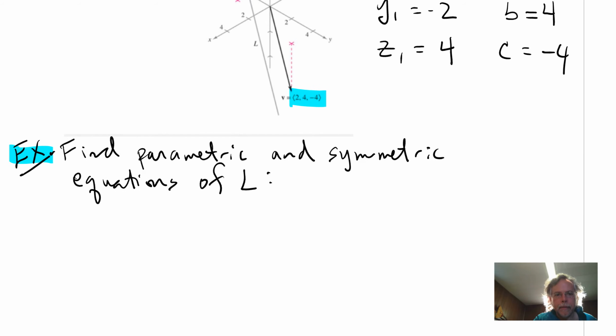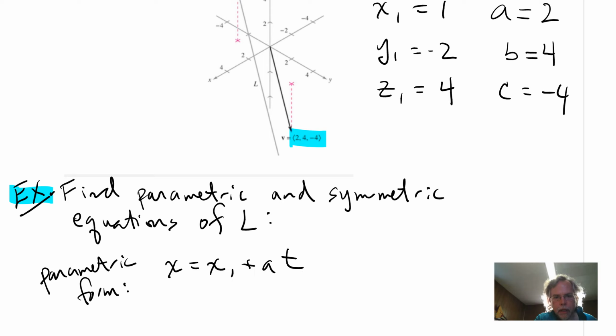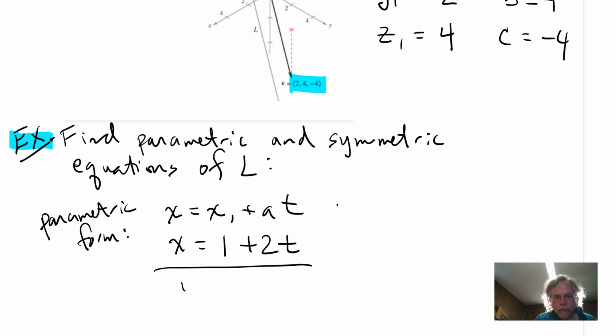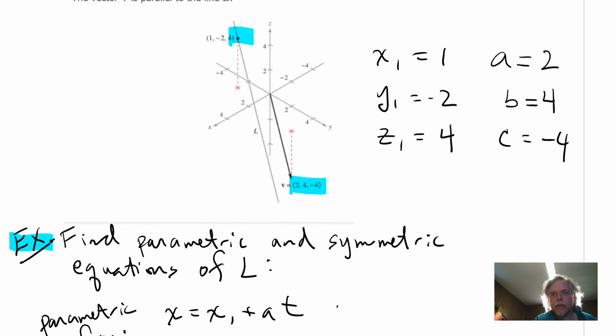Okay, now it's pretty much straightforward. The parametric form equations are x equals x1 plus at. I'll write them out in general, just so nothing's left to the imagination. But now we know it's x equals, for this example, 1 plus 2t. And then the second one, in general, has the same form, y equals y1 plus bt. In this example, y1 is -2 and b equals 4.